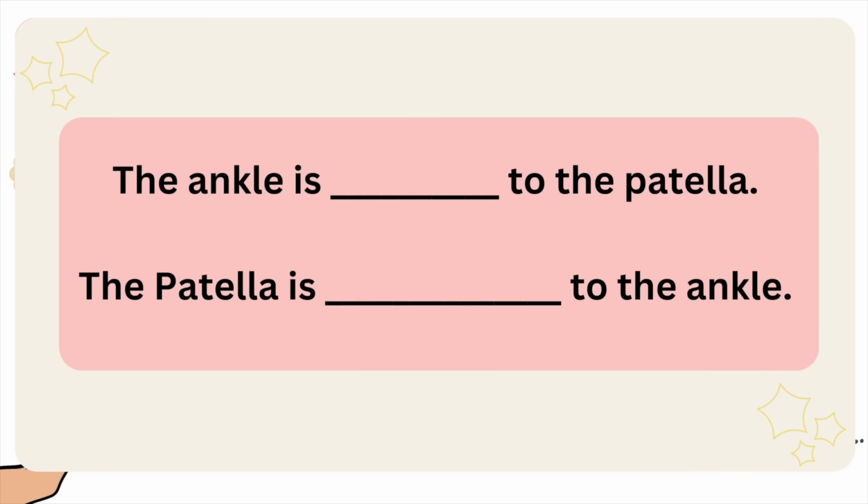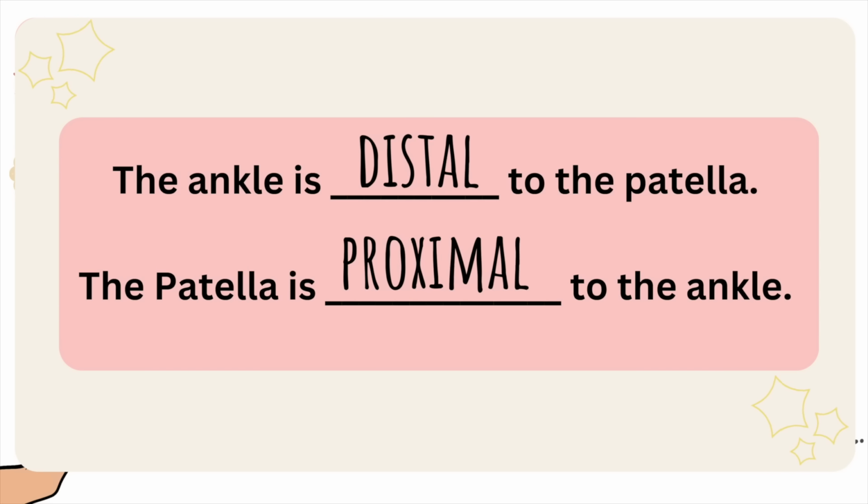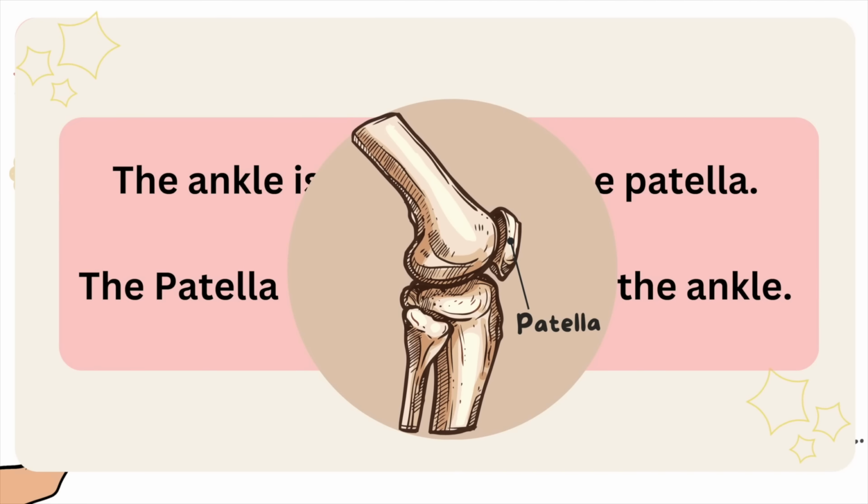The ankle is distal to the patella, and the patella is proximal to the ankle. By the way, where is the patella found, you guys? Yes, the patella is a sesamoid type bone found on your knee. It's also known as the kneecap. Okay, so what does this mean? It means that the ankle is further from the body than the patella is, and the patella is closer to the body than the ankle is.